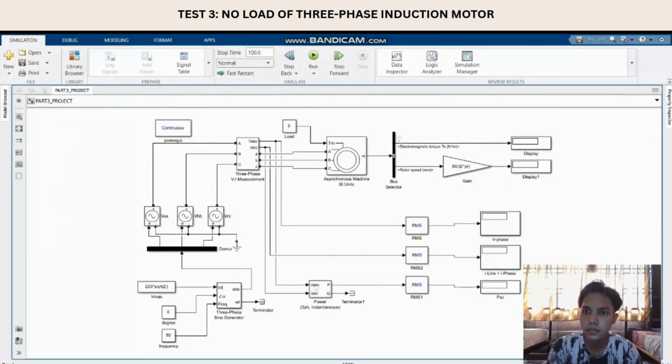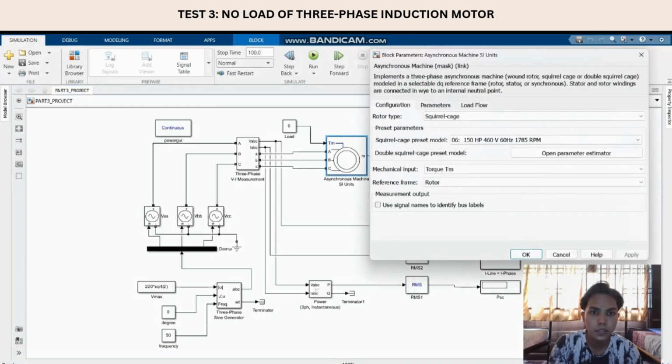Okay, so I create based on the reference suitable. So first of all, we need to include the value of the max, which is 220 square root 2. And then for the frequency, we select the 50 hertz. And also the asynchronous machine as a unit, we need to select.